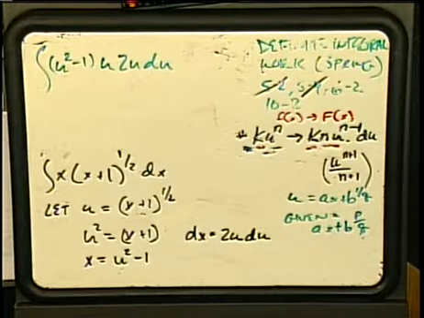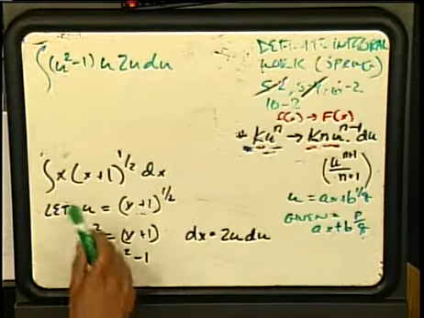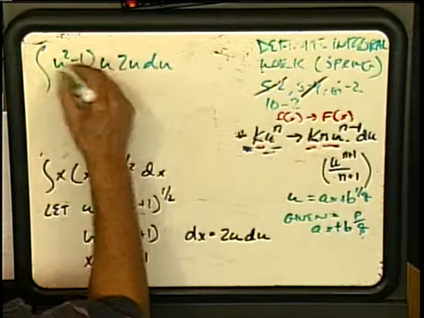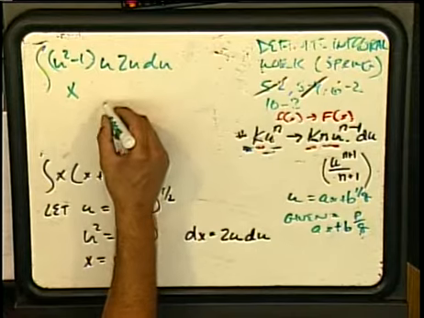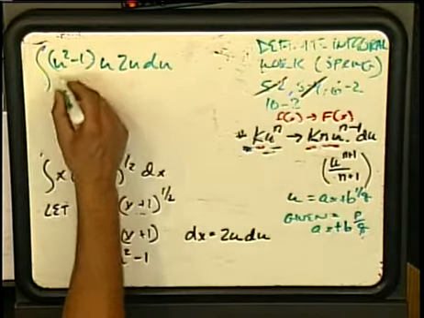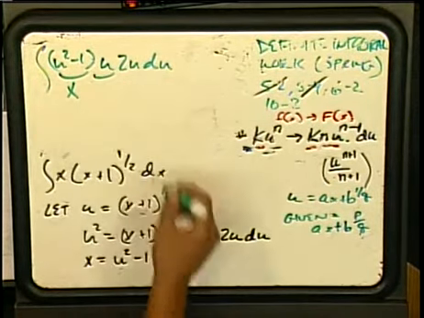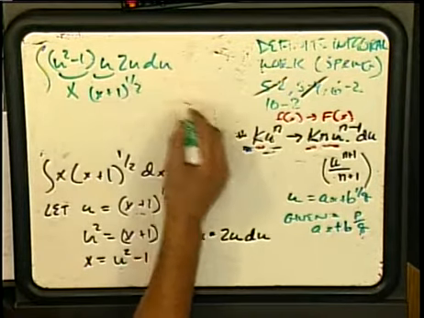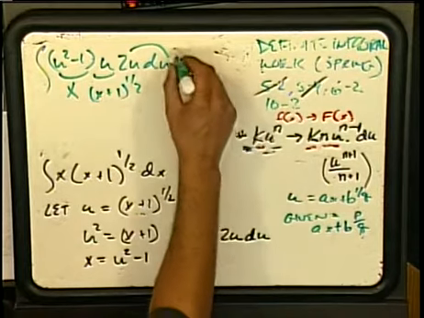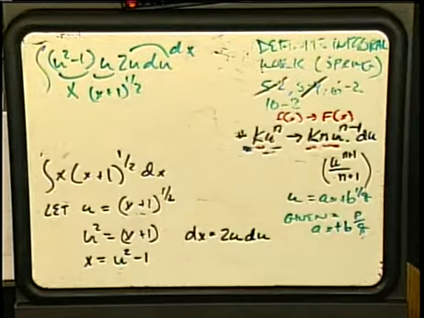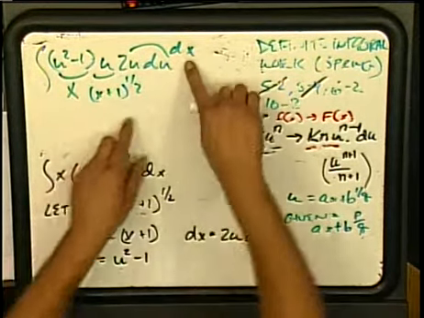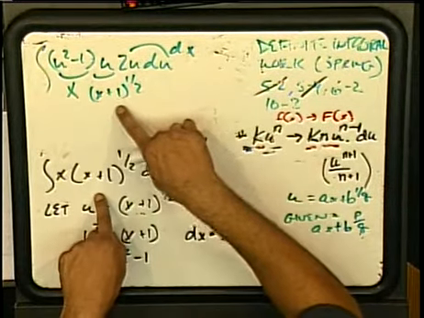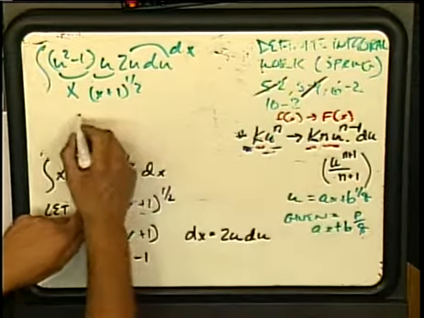You solved for x. This is x, u squared minus 1. u is x plus 1 to the 1 half, and this is dx, 2u du. So basically that's your original, x plus 1 to the 1 half dx.